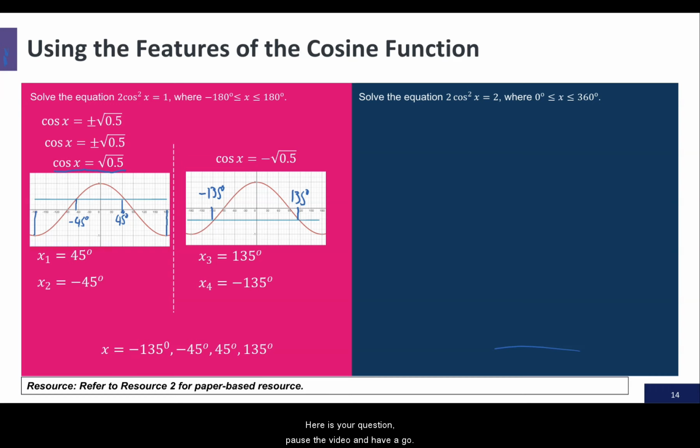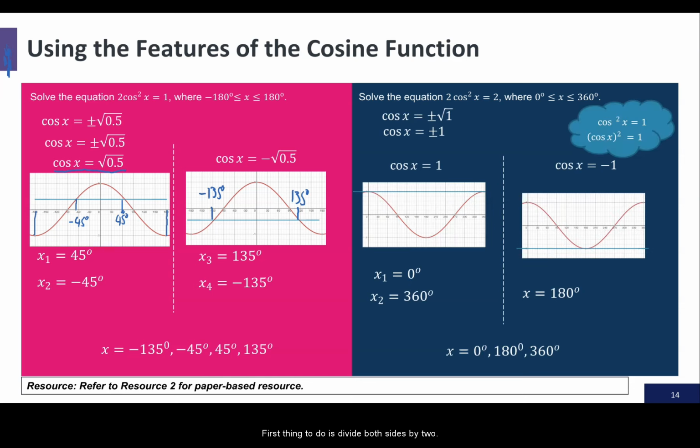Here is your question. Pause the video and have a go now. First thing to do is divide both sides by 2. So cos squared x is equal to 1. Square root both sides, we get plus or minus 1. We're sketching the curve between 0 and 360. We pick up the first value from the calculator, so that's inverse cos of 1 to get 0.